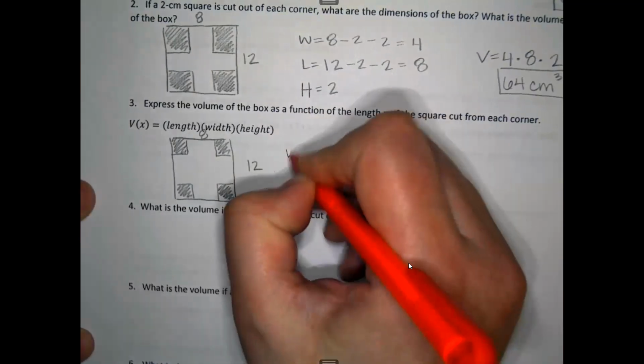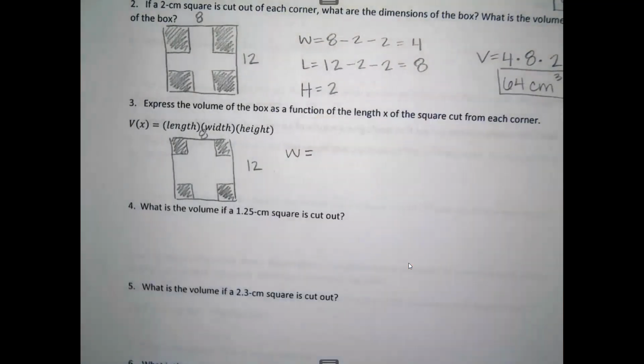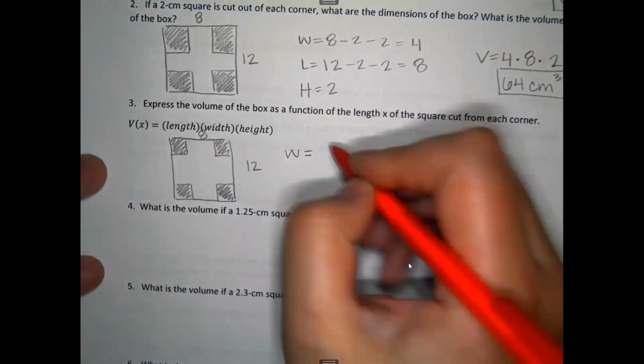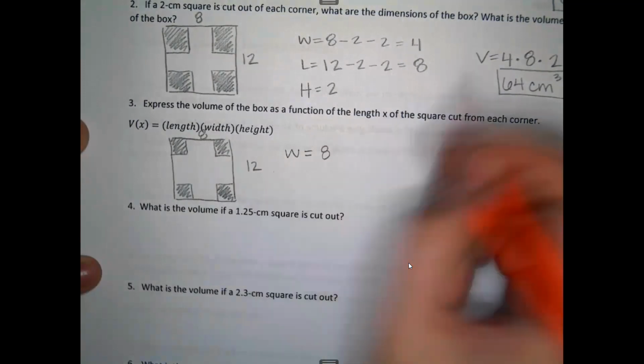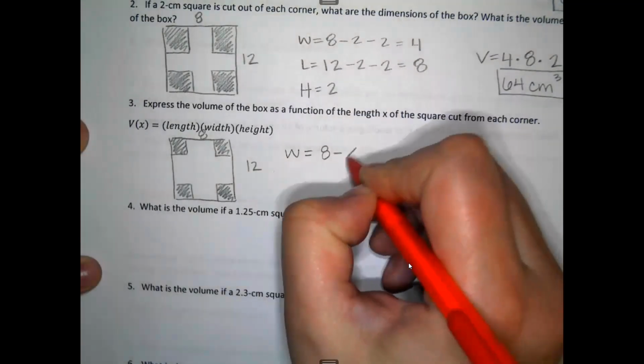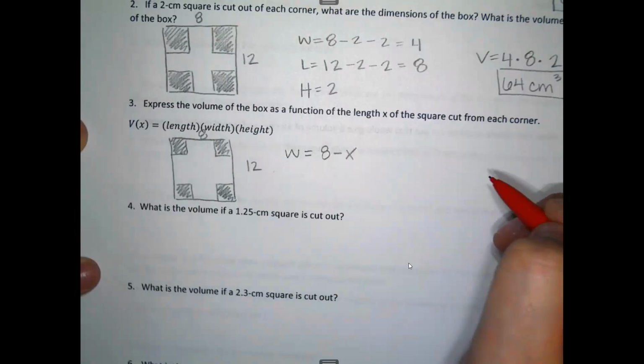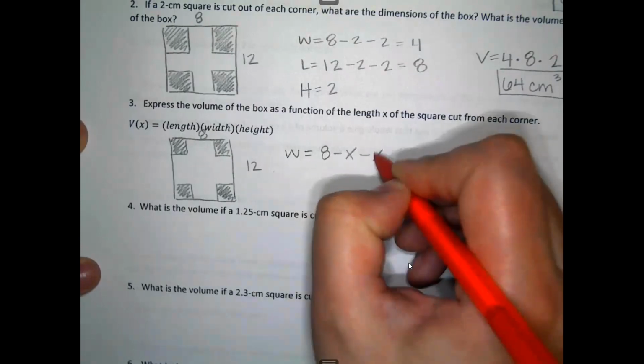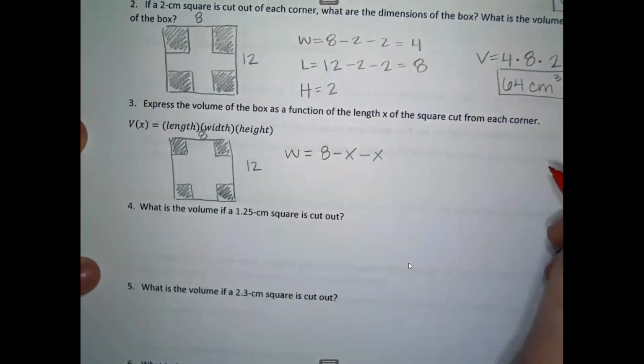The way that we always created the width is we took the original width of 8 and subtracted the amount of the square from the left and from the right. So if I don't know how big the square is, I'm going to say 8 minus some unknown amount of centimeters from the left and the same unknown amount from the right.